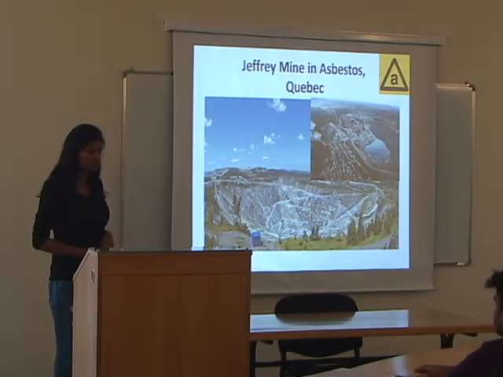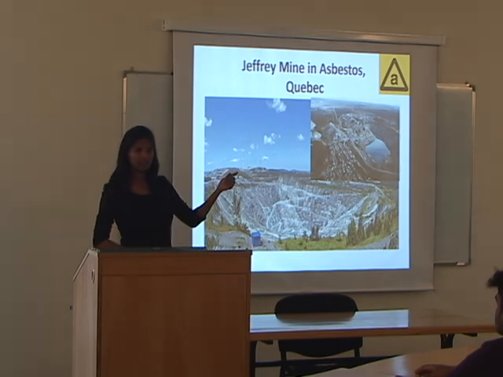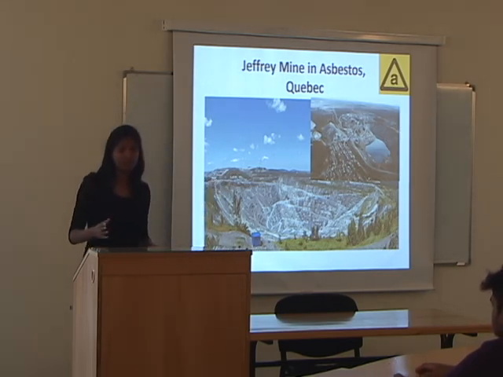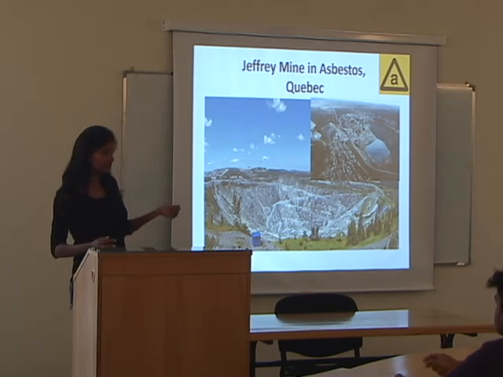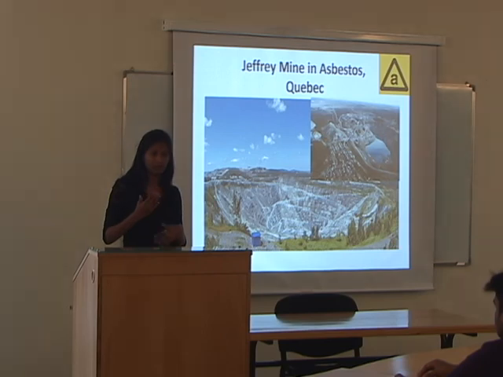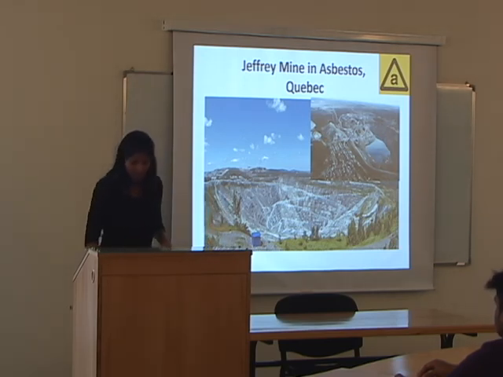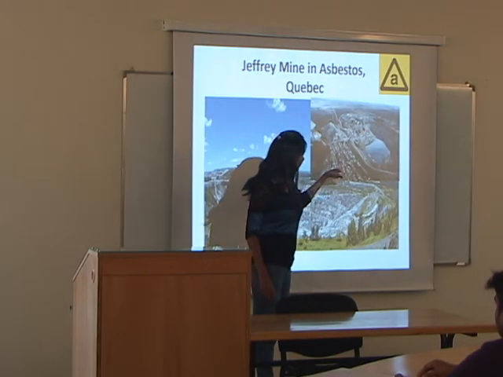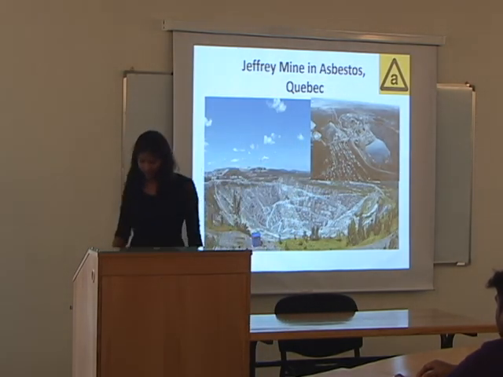There was an issue going on with the Jeffrey mine. They were working for almost 130 years, but in 2011 it closed due to some financial problem, and they reopened in 2012. You can see this is the mining site and this is the residential area.